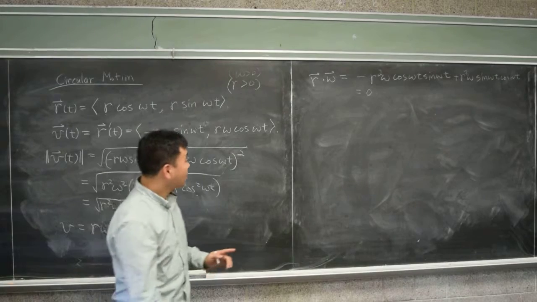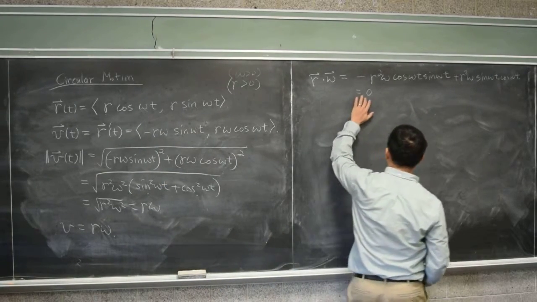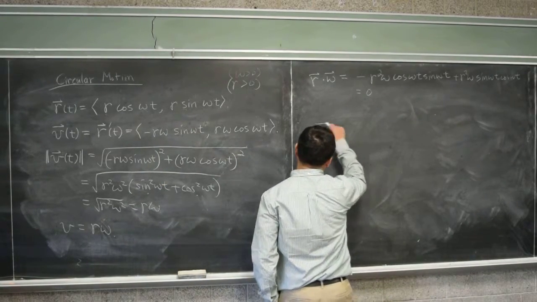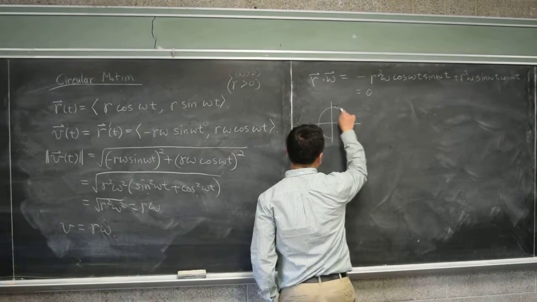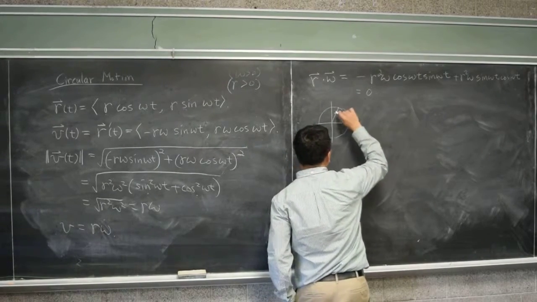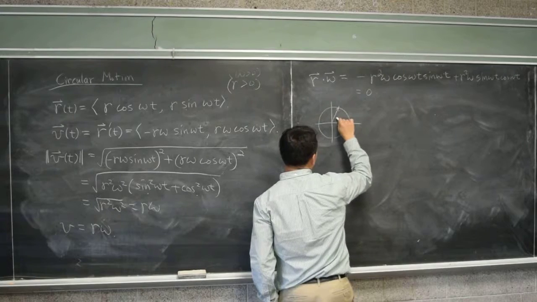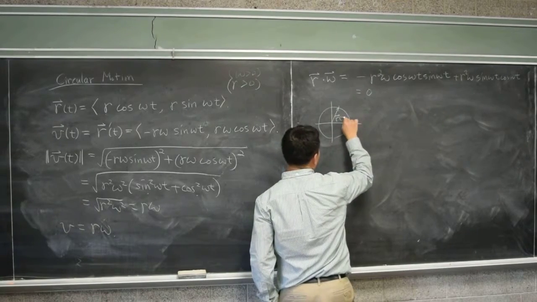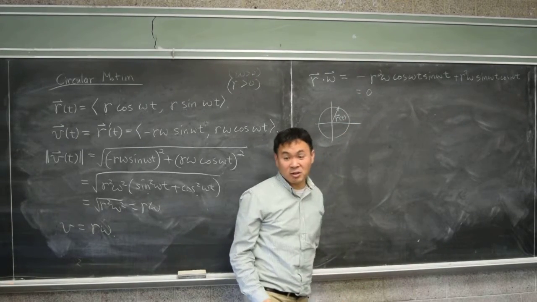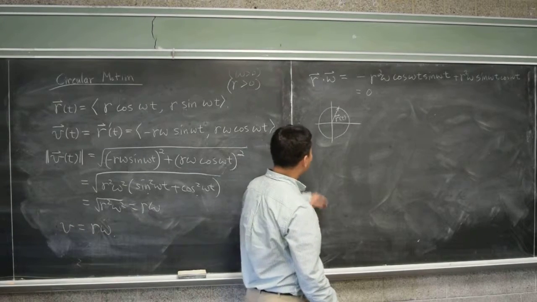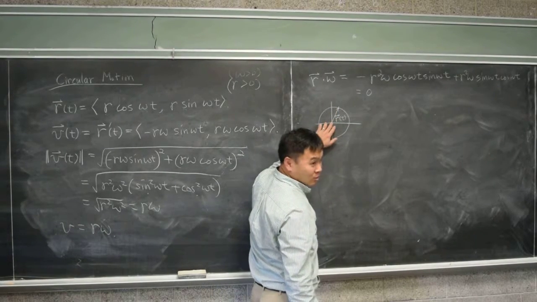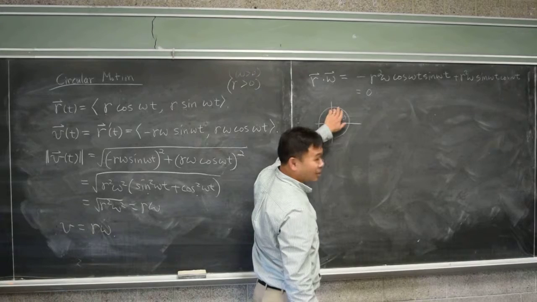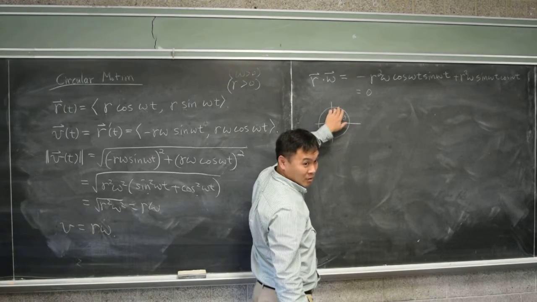Okay. All right. So since the dot product is 0, we know that they're perpendicular, and it only makes sense because think about it. At any time t, this is your r(t) because r(t) is the position vector. Okay? It's a vector which starts at the origin and its terminal point is at the point where the particle is, right?